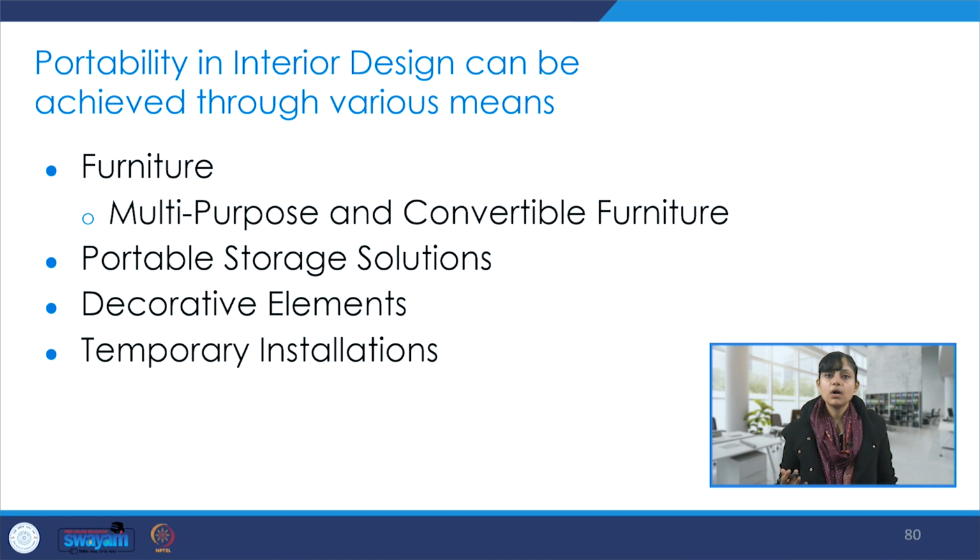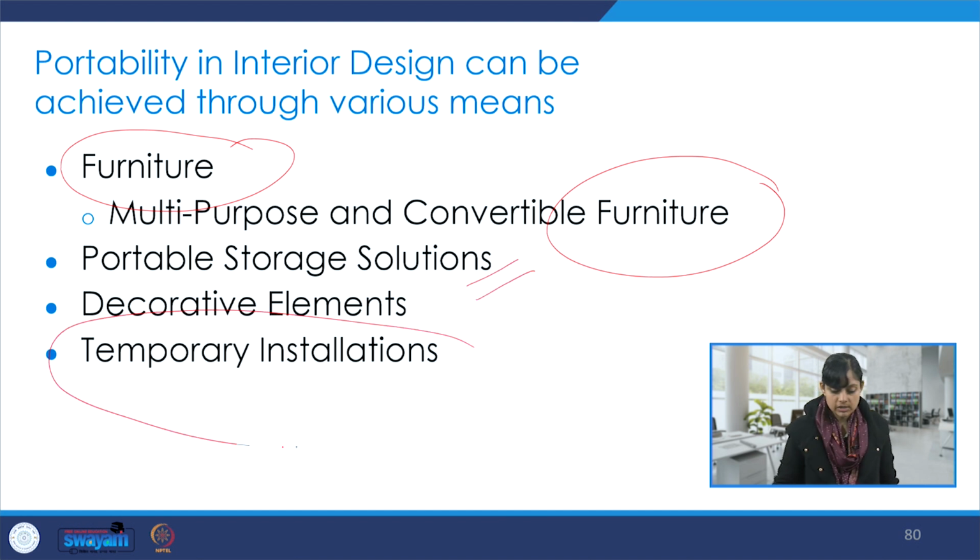So, we talked about various means through which the portability could be achieved. Furniture, of course, being a very important one, and within that, multi-purpose and convertible furniture being very popular and quite handy. Portable storage solutions, decorative elements, also some temporary installations.